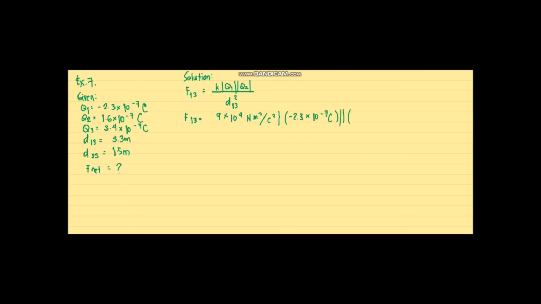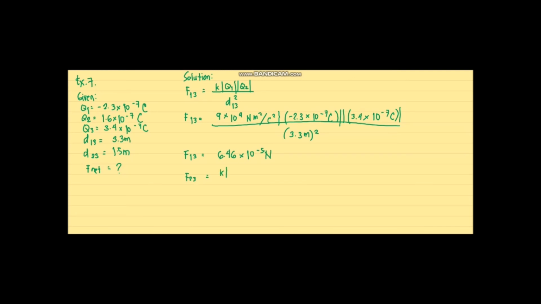Then we have multiplied by 3.4 times 10 to negative 7, which is the charge of Q3, then divided by their separation distance, equivalent to 3.3 meters squared. Then final answer for the force exerted by 1 on 3 is equal to 6.46 times 10 to negative 5 newtons.